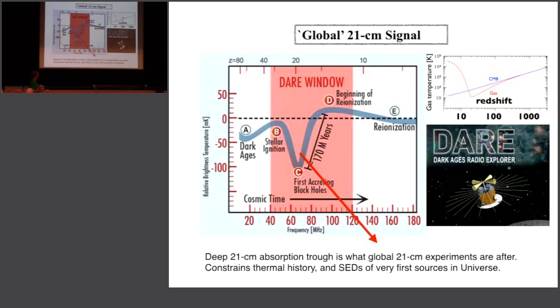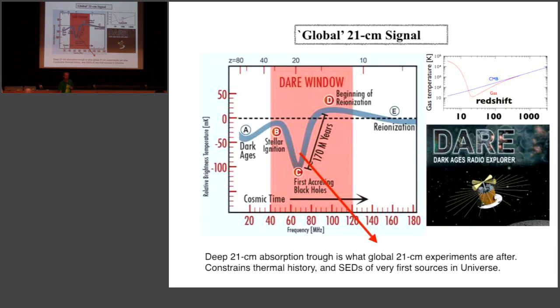Right? But the cool thing is that this minimum in the brightness temperature is what these global 21 centimeter experiments are going after now. It's really thought to be one of the telltale signatures of the formation of the first stars and black holes in the universe, right? This is what they will go after.